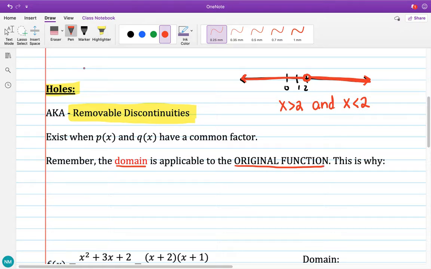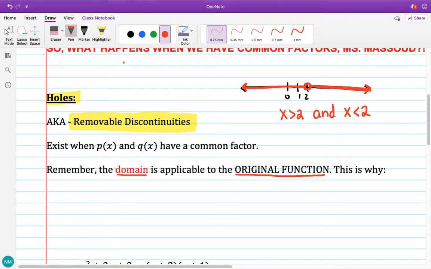So for functions that we've done in the past, like when we were doing things just like simplifying at the very beginning, I told you first find your domain, then cancel common factors.